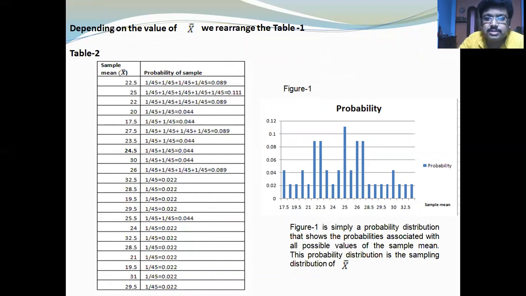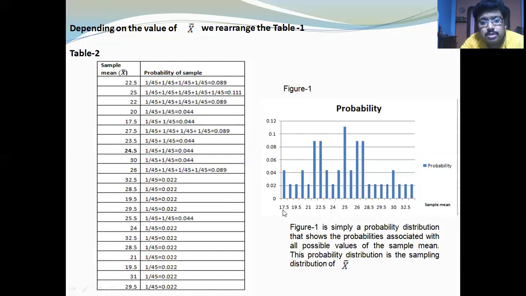So now this is the figure. Depending on this table, along the vertical axis we measure the probability of the sample mean. Here it represents 17.5. You can find that 17.5 has probability 0.045. This is this amount of probability.